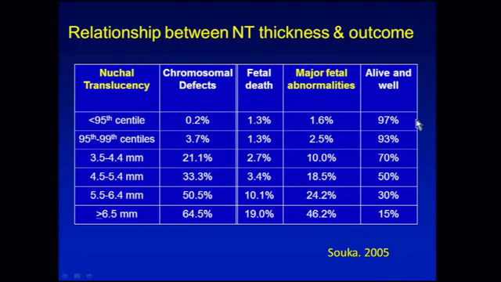As NT increases, the chances that the baby will be alive and well decreases, as you can see from 93% with an NT between 95th to 99th percentile to 15% when the NT measures more than 6.5 millimeter.